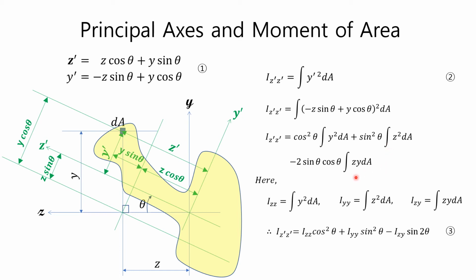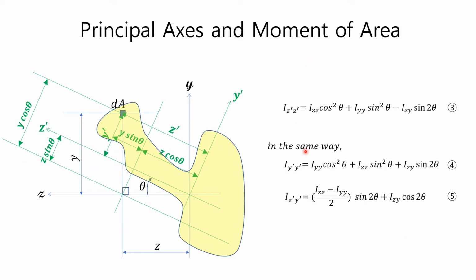And the last one is the product moment of area about the original zy axis. Therefore, we have equation 3 for Iz prime in terms of Iz, Iy, and Izy, which are what we have already known.